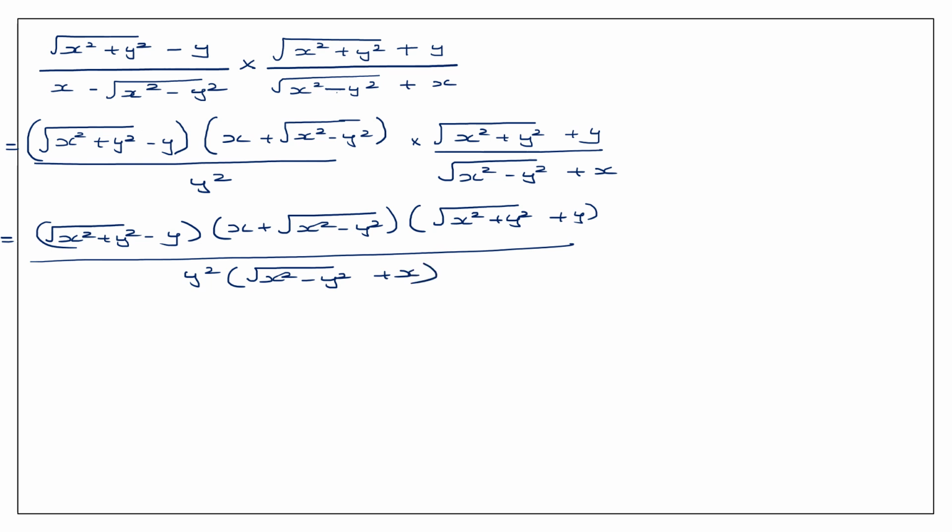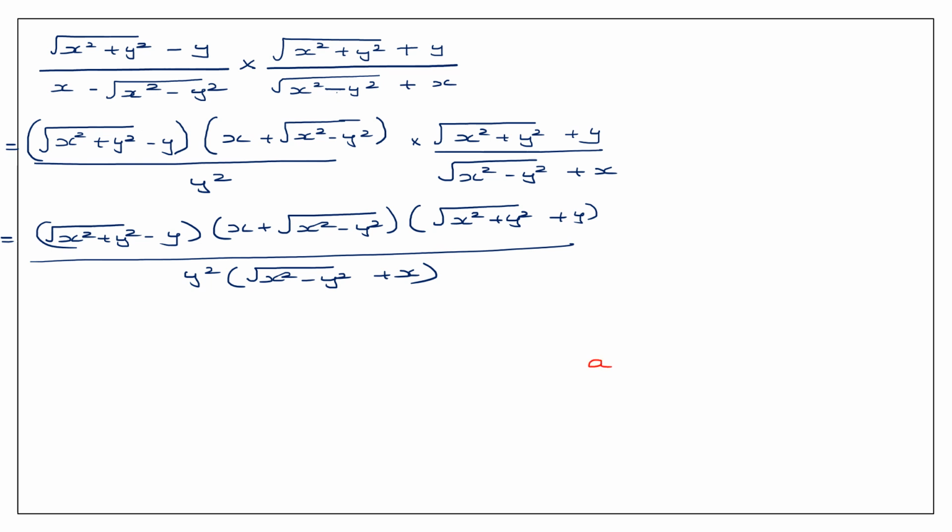Now we're going to simplify the numerator. Now look at this. The root of x square plus y square minus y, and this one, the root of x square plus y square plus y. Now this is in the form of a plus b into a minus b. A plus b into a minus b is a square minus b square. So let's work that out separately.